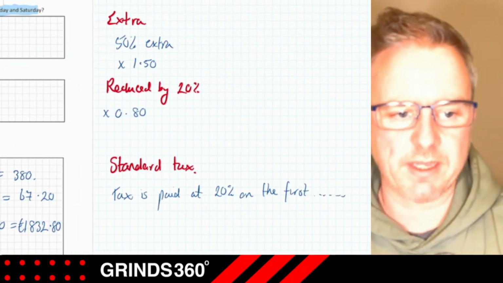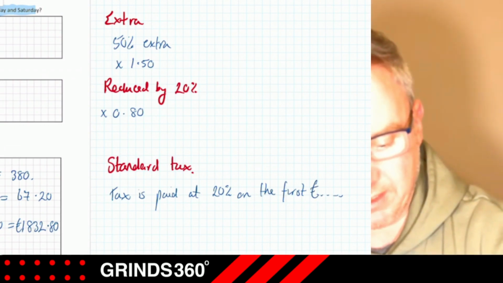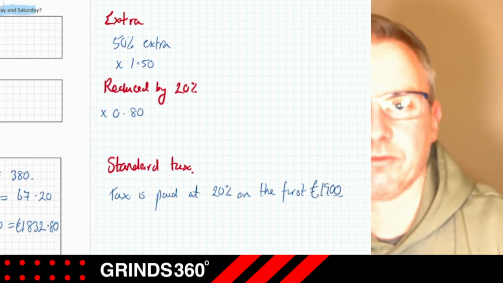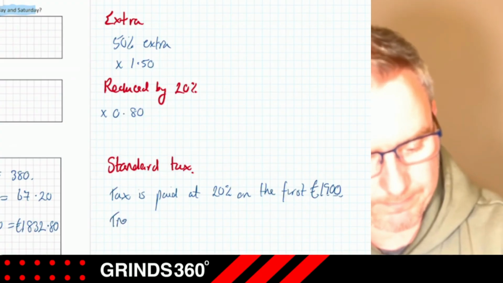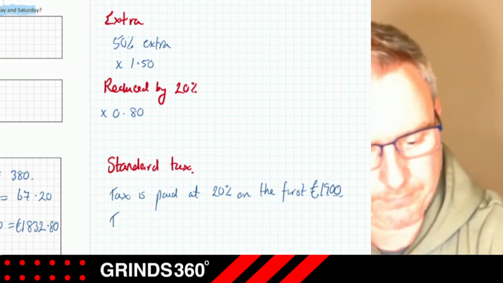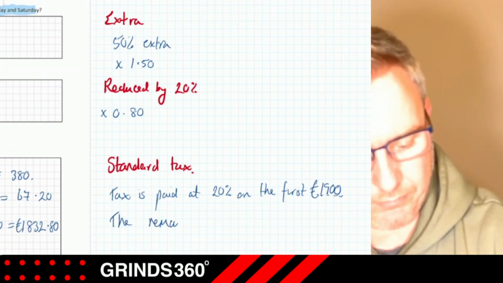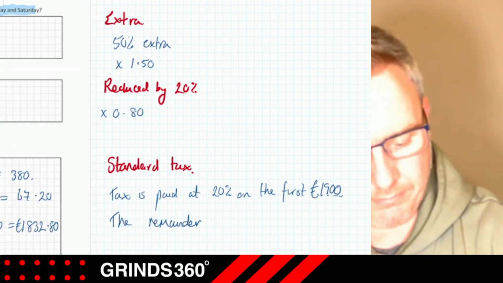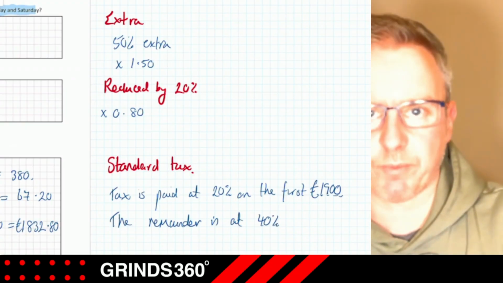So they'll say to you, tax is paid at 20% on the first, in this case we'll say €1,900. And then they'll say to you, the remainder is at, say for example, 40%.